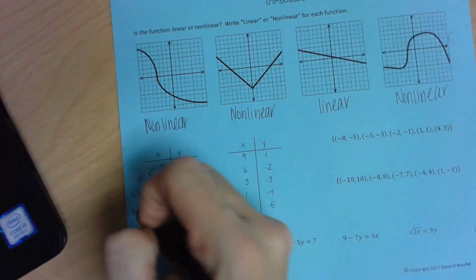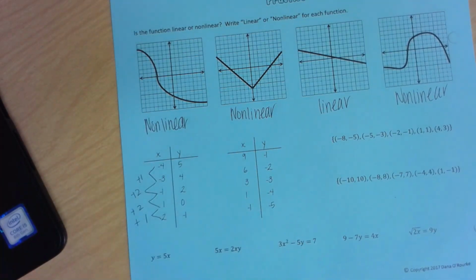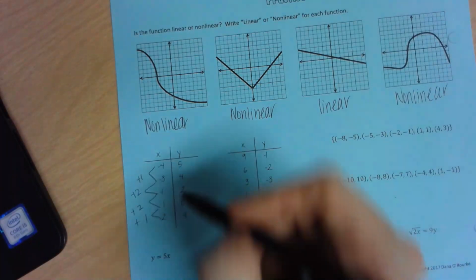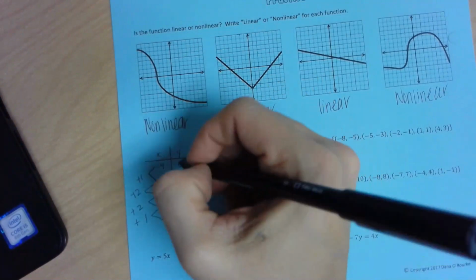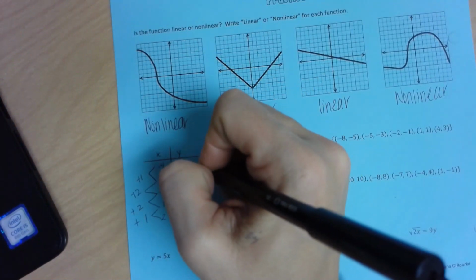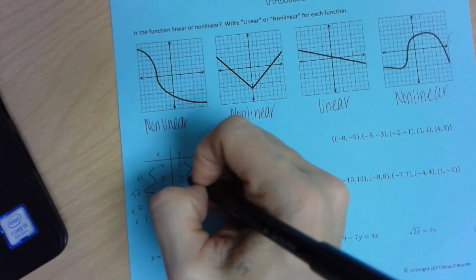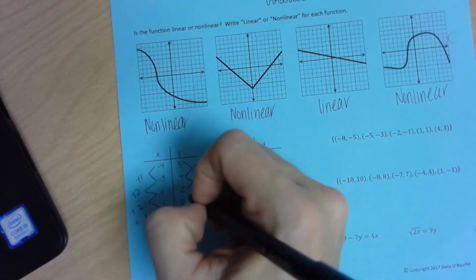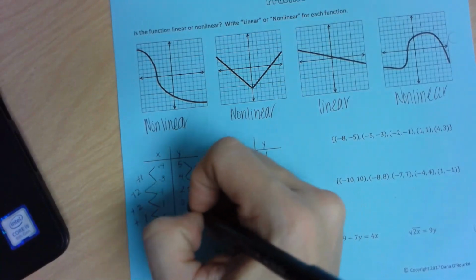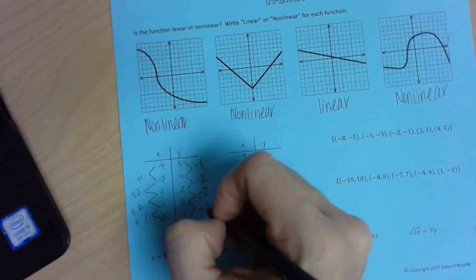And 1 to 1 is a +1. Okay, so this one is going from 5 to 4, which is a -1. From here to here is a -2. From here to here, -2. From here to here is a -1.